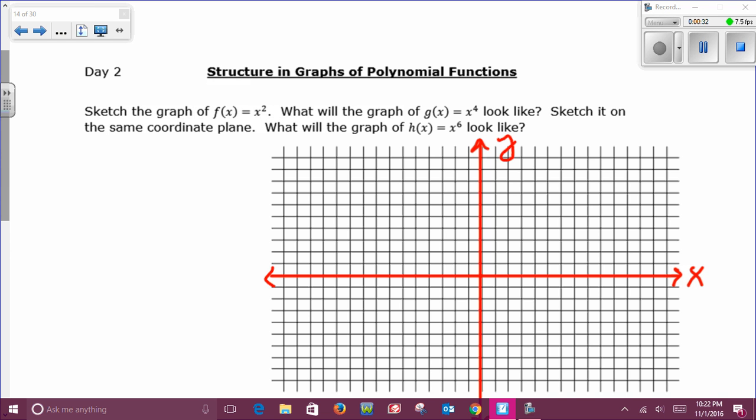Well, in order to get a more accurate picture of what we're doing here, I'm going to have every 2 be 1 on the x-axis.